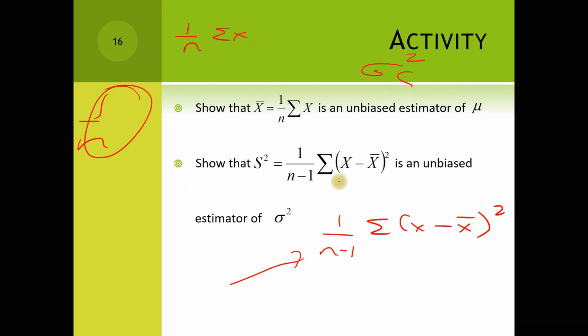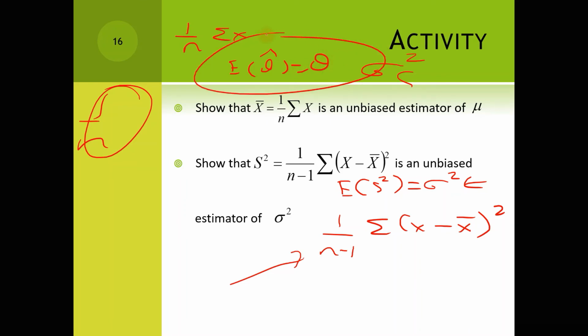Now, if you want to show that something is an unbiased estimator of sigma squared, it means that you need to show that the expected value of s squared is equal to sigma squared. That's the only way to show that it is unbiased, because this is what I explained by unbiasedness. I explained to you that the expected value of theta cap equals theta if they are unbiased. So what is theta cap here?